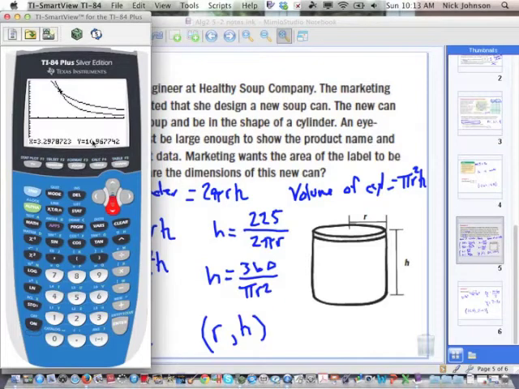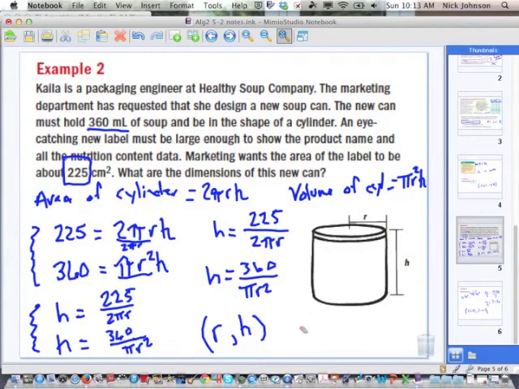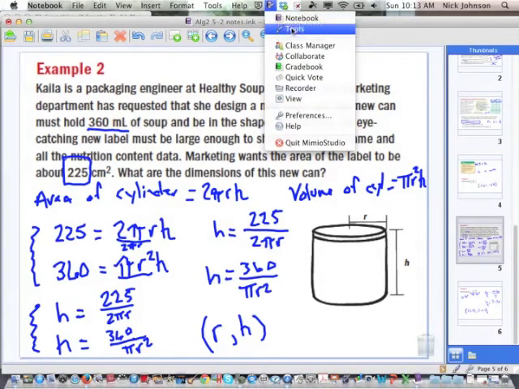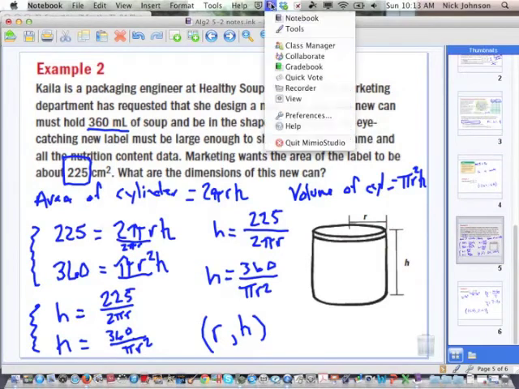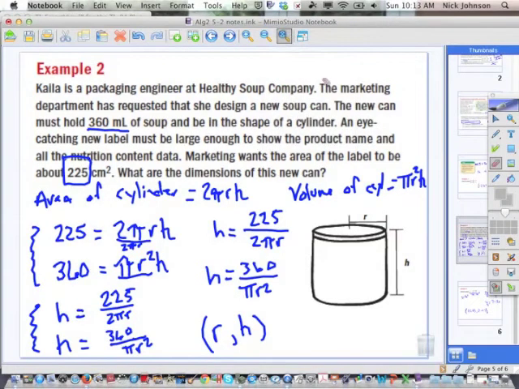So our answer then is, and my tools disappeared on me. There they are. 3.2 comma 11.